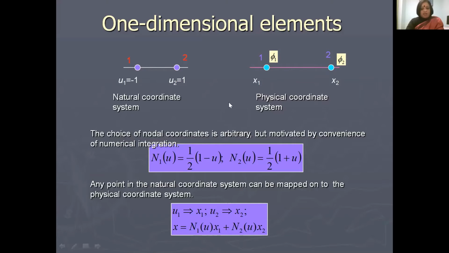So no matter what the values of x1 or x2, I am going to map this entire element onto this local element, which is defined between u1 equal to -1 and u2 equal to +1. At the moment, do not ask me why I want to do that. Just go with me. Is this clear to everybody?